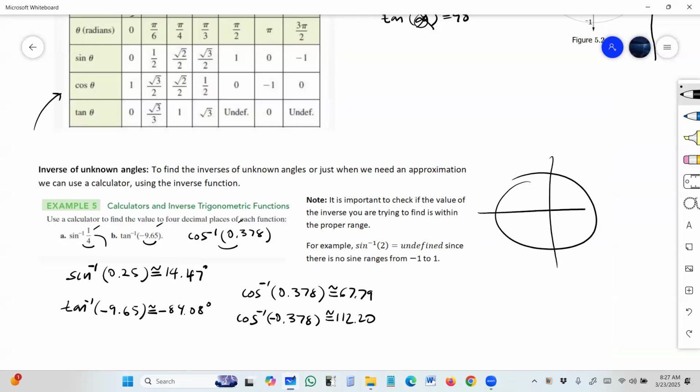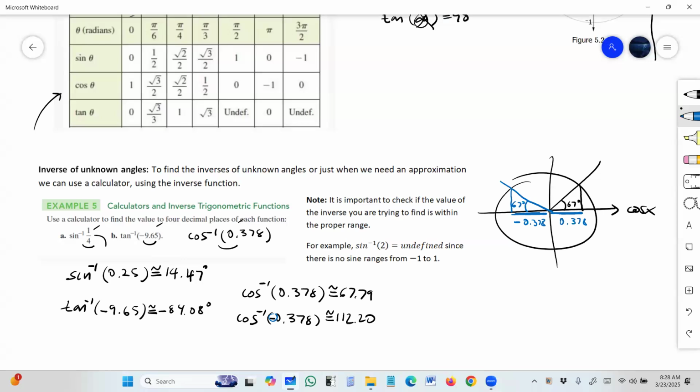Now here's the unit circle. Here's cosine. Now this is approximately 67 degrees. It's not one of the angles that we know. So this distance here is the cosine of 67.79, which is 0.378. If I am talking about the negative, I am here. This angle is 67. And the distance that I'm interested in is this, minus 0.378.